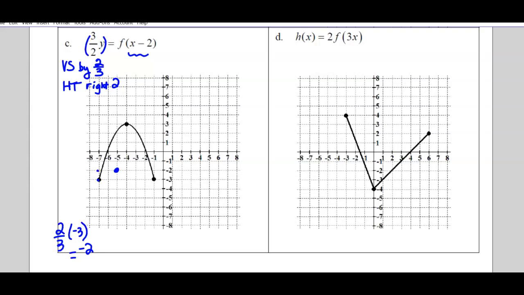This looks like part of a parabola. So it looks symmetrical, so our new graph will be symmetrical as well. This vertex here has a y value of 3, stretched by 2/3 makes it 2. It's kind of an easy one. Oh, sorry, 2, and then to the right 2. Okay, and then I'm going to join as I go, make it curved, because the original was curved.